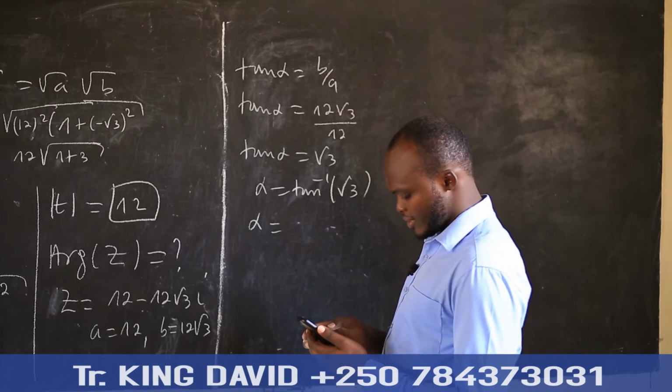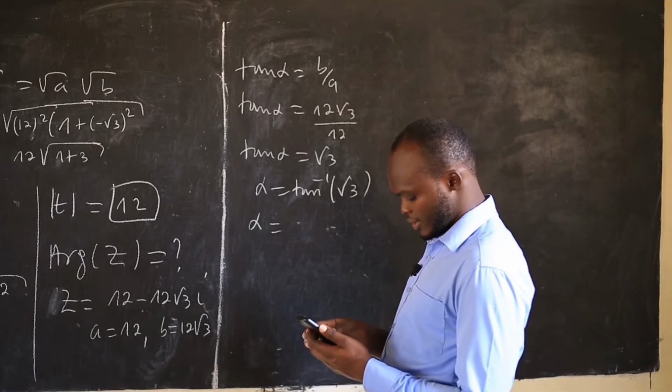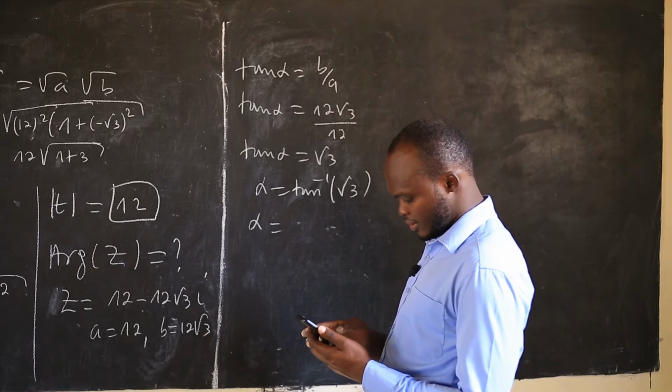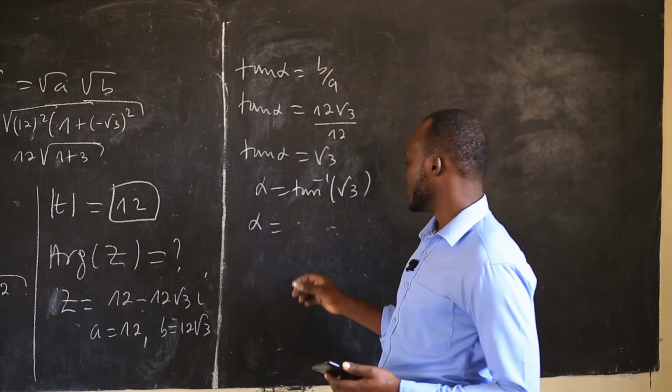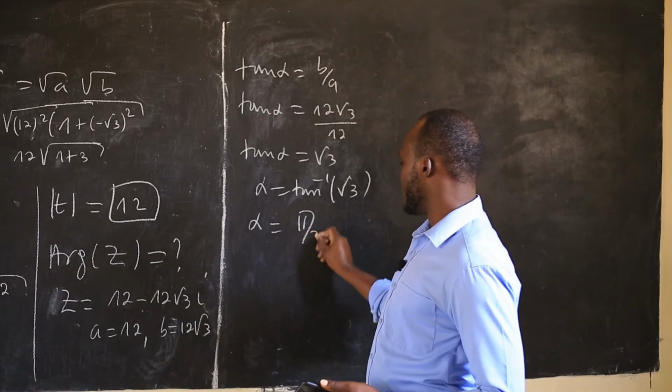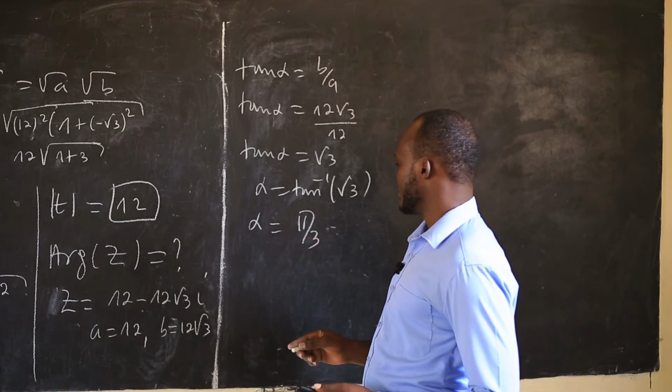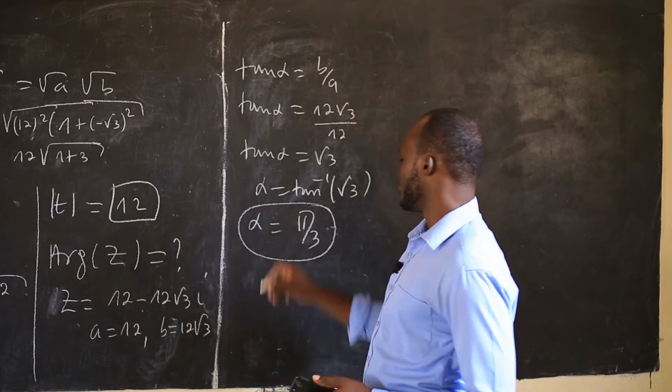Shift tan inverse of root 3, it is 60 degrees. 60 is pi over 3. So our alpha is pi over 3.